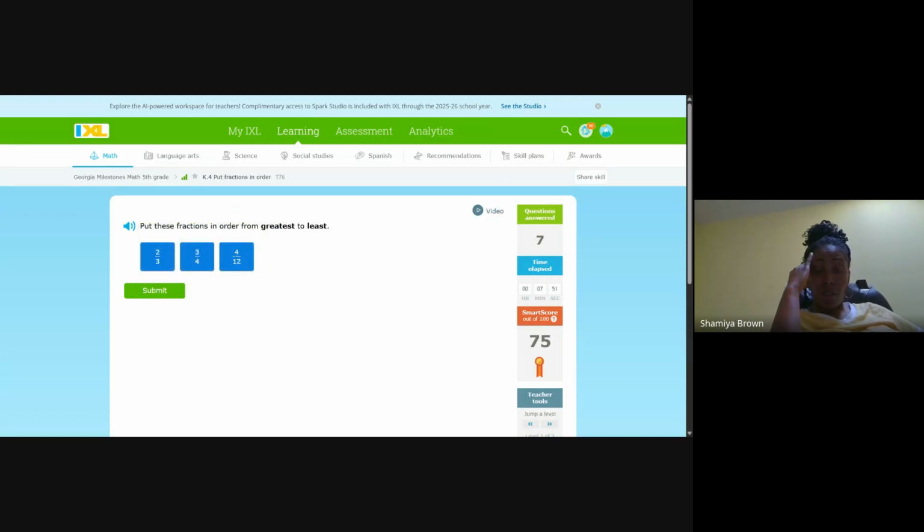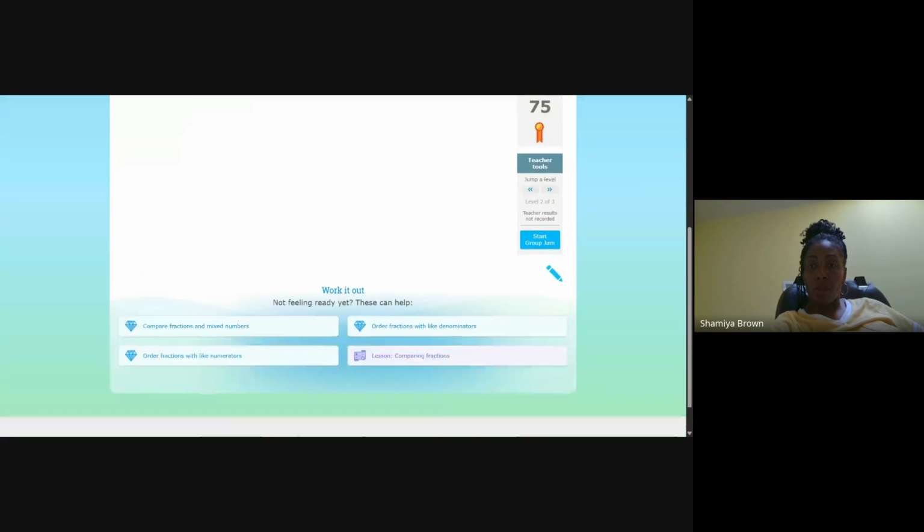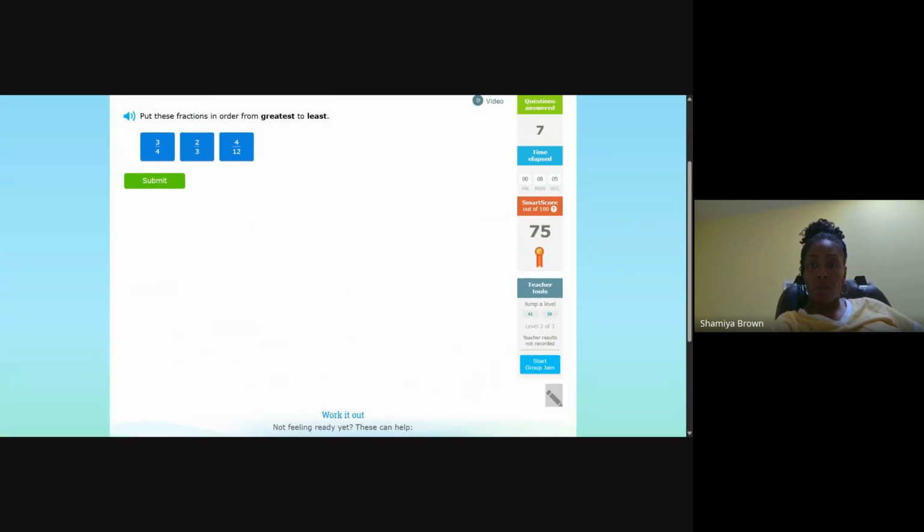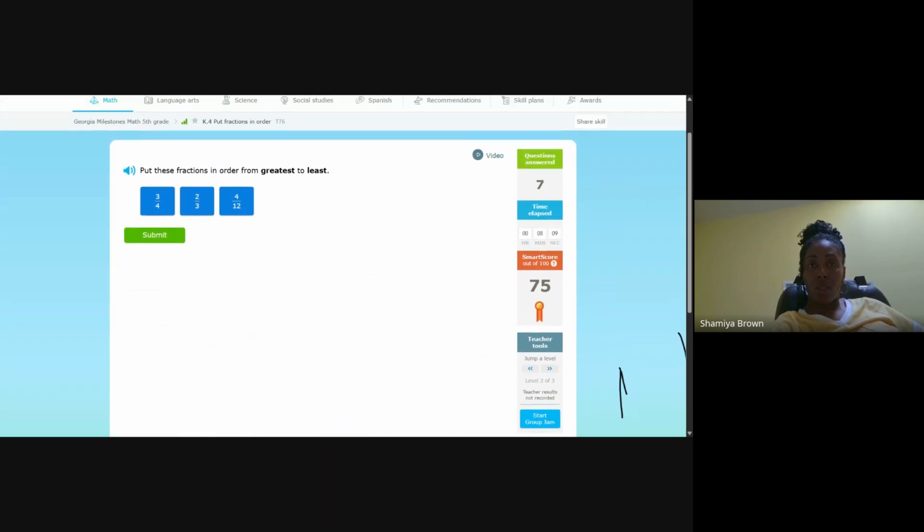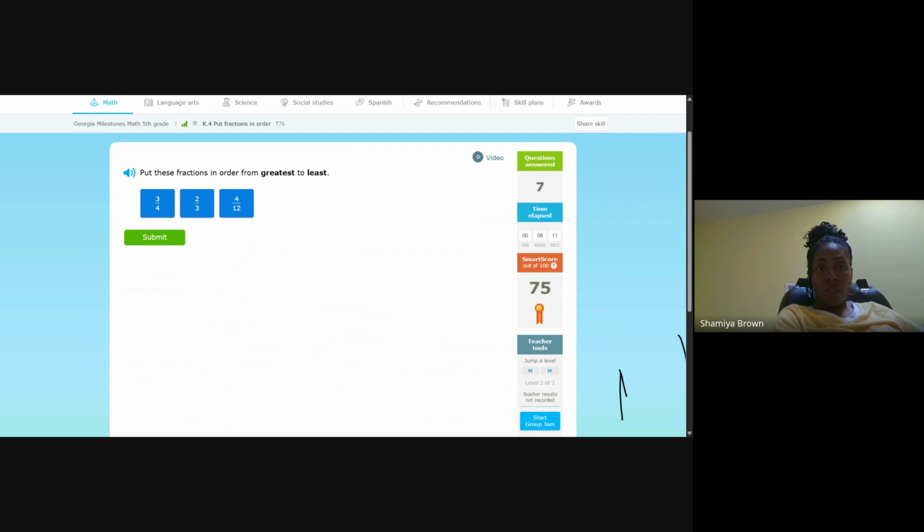Put these fractions in order from greatest to least. The greatest of these will be 3/4 because it's almost a whole. Oh, well, can't say that because 2/3 is almost a whole too. So I can cross multiply to check those two. So 3/4 compared to 2/3.